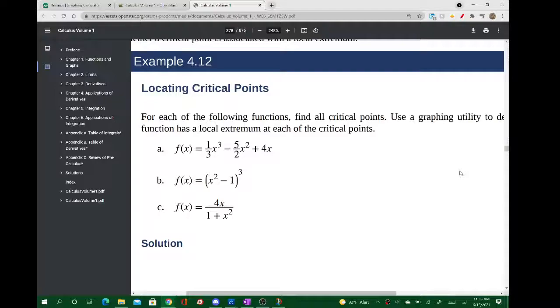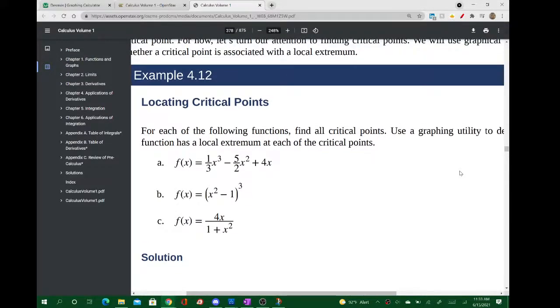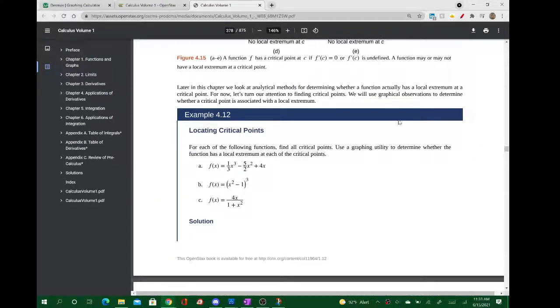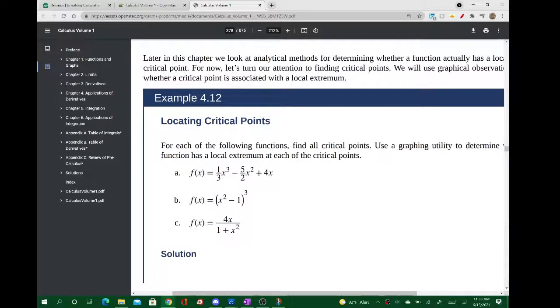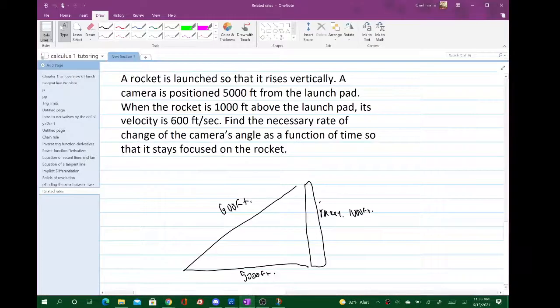So instead, we're going to do critical points and finding the local and absolute extremum, or extrema, of the points. This is the problem I was working on, but these are really hard.